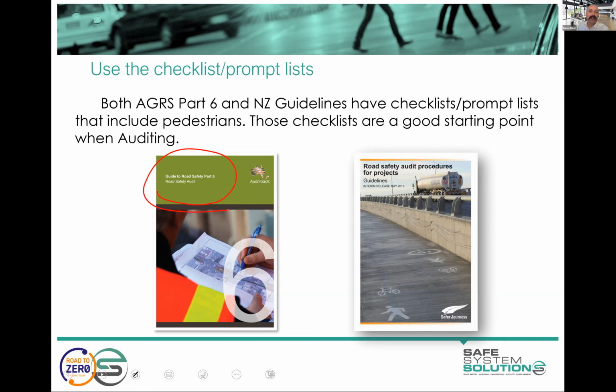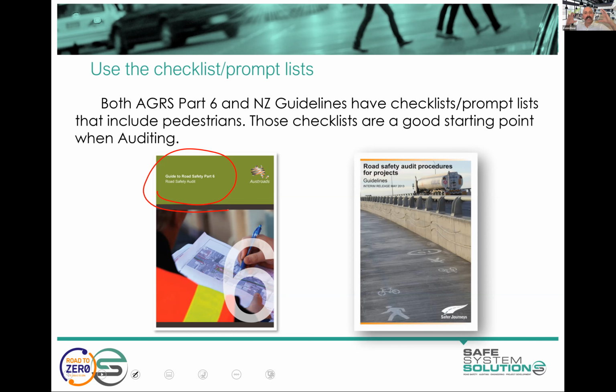So those prompt lists have been absolutely redone, and they're called prompt lists now in part 6 rather than checklists, because we discovered that people thought if they went through everything in the checklist, the audit was done. And we're like, no, they're just to prompt your thinking. The term checklist gave that impression of, okay, check that, check that, I'm done.